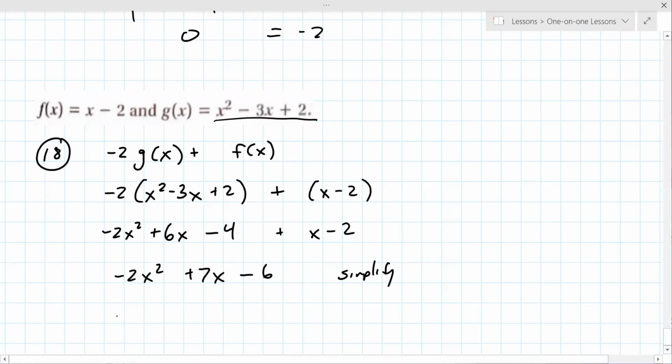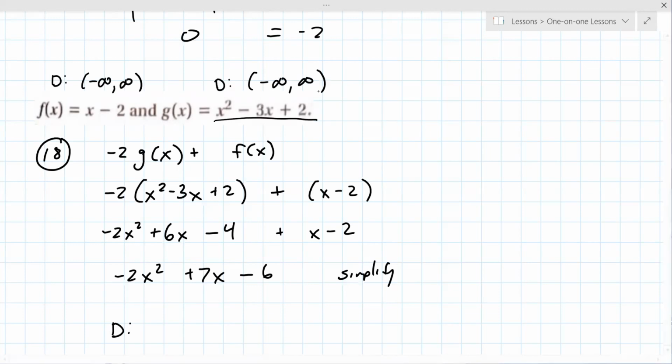Now it does say to find the domain. This is quite complicated because you have to know some things to answer this question. You actually need to know the domain of the original two functions. This one is all real numbers, and this other one is also all real numbers. So that's a sigh of relief. If they weren't, that really complicates the matter. Since they started out with all real numbers, that's great.